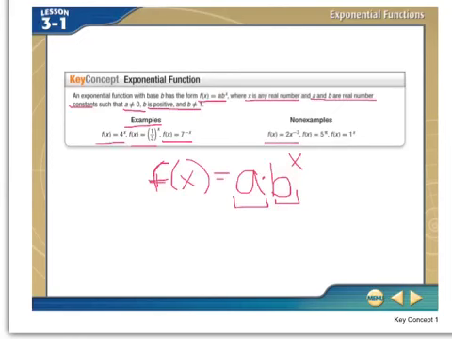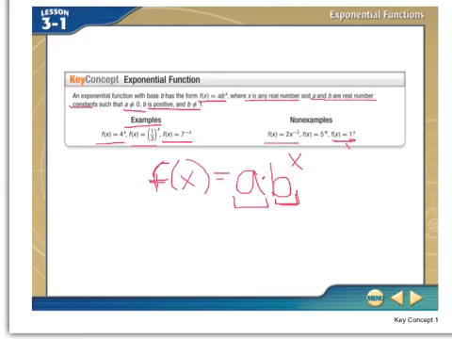Remember that in an exponential function, the x variable has to be part of your exponent, hence why it's called an exponential function. f of x equals 1 to the x is not an exponential function, even though x is a power, because our base b is equal to 1. The base is the number that your power is attached to, and that b value can never equal 1.